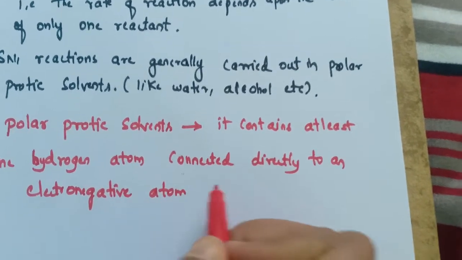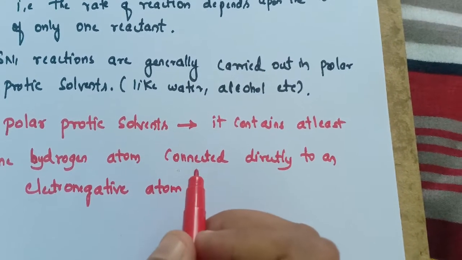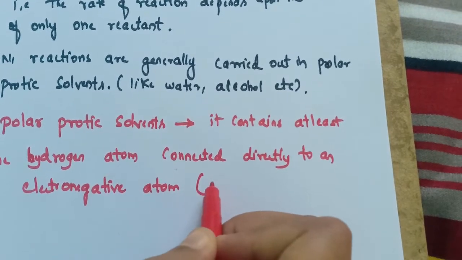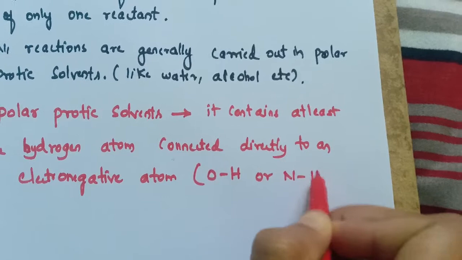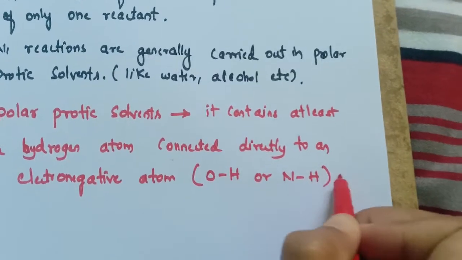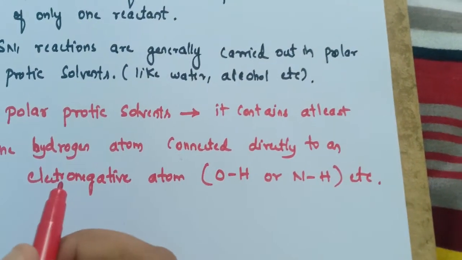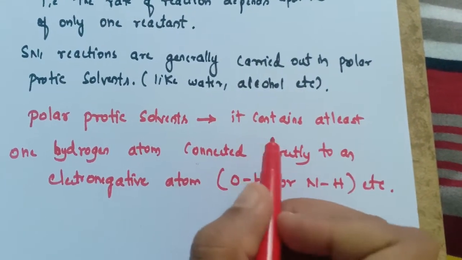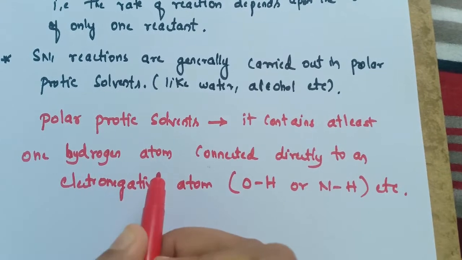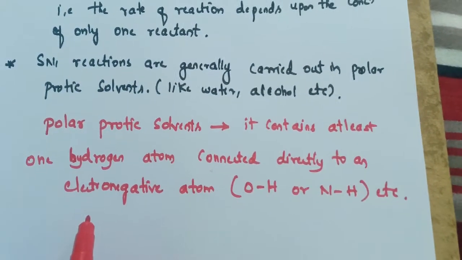I will just write the definition here. That means H is connected to an electronegative atom, that is oxygen or nitrogen, etc. Did you get my point here? Polar protic solvents contain at least one hydrogen atom connected directly to an electronegative atom.